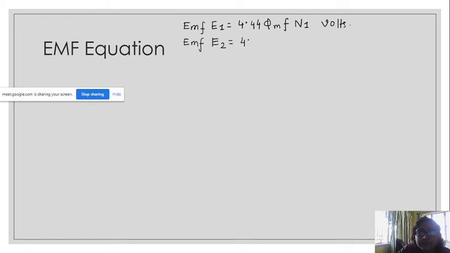The only difference depends upon the number of turns. Now, N1 and N2 are generally different.